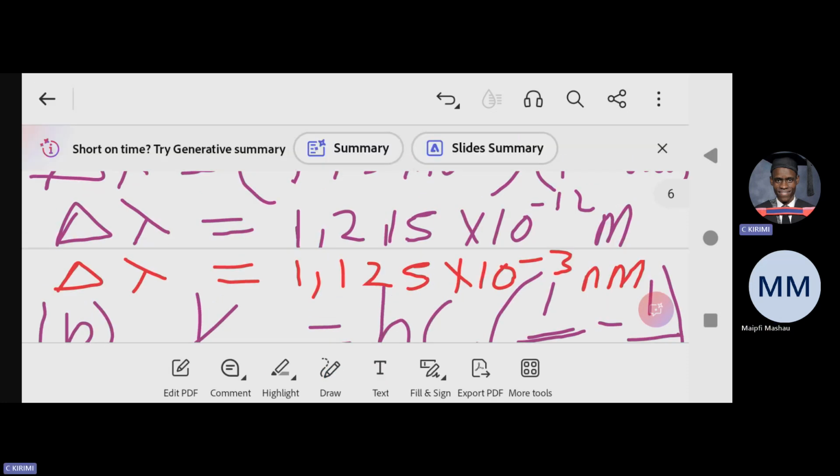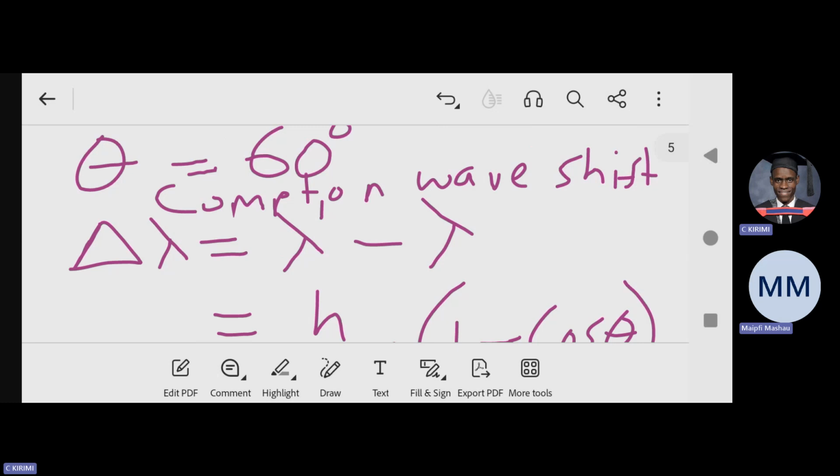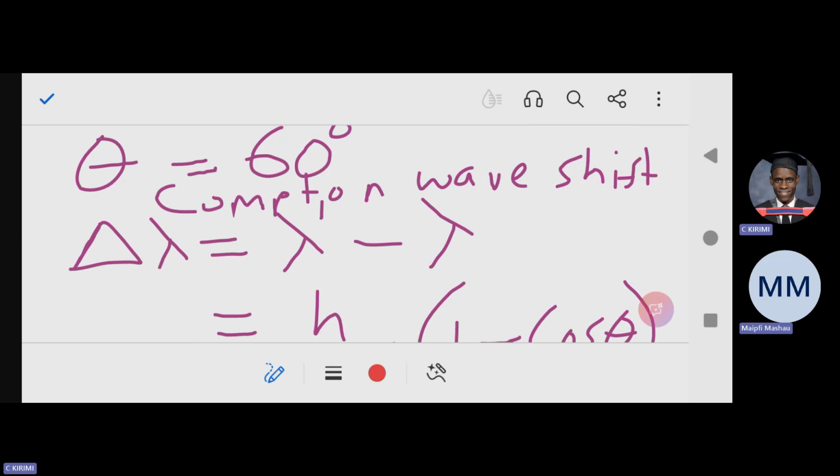So which means this is the difference. How do you get lambda prime from the change in lambda? That is our equation. The change in lambda, 1.215 times 10 to the power negative 3, is equal to lambda prime minus lambda, where lambda prime is what I'm looking for.